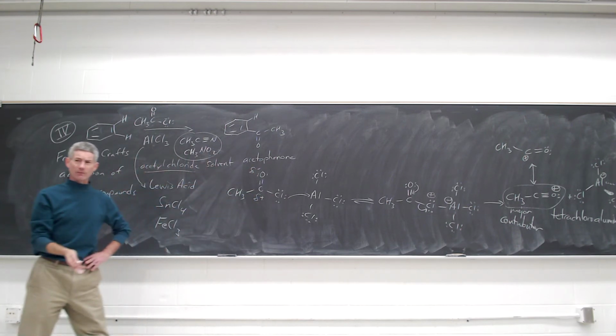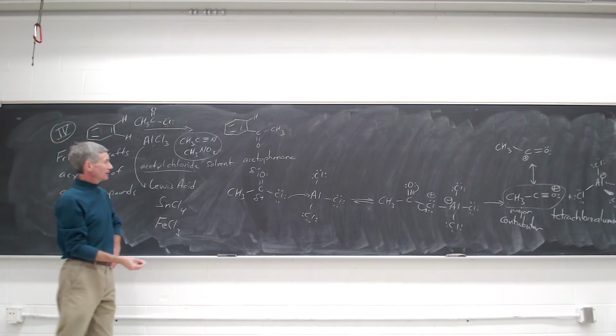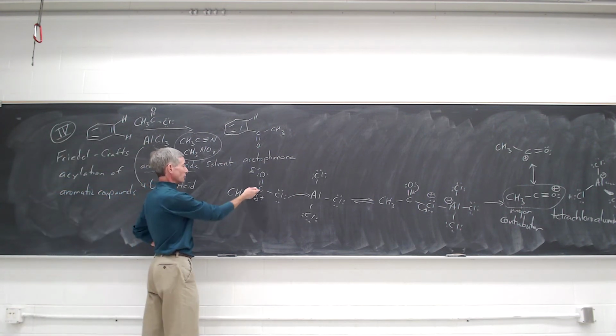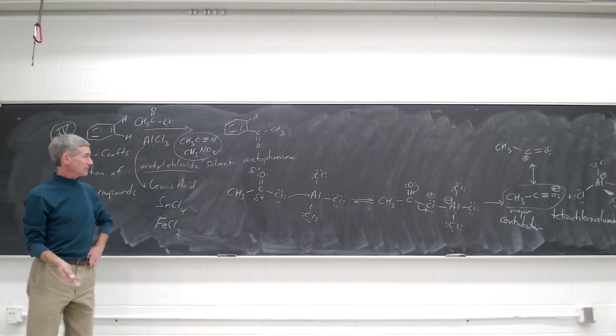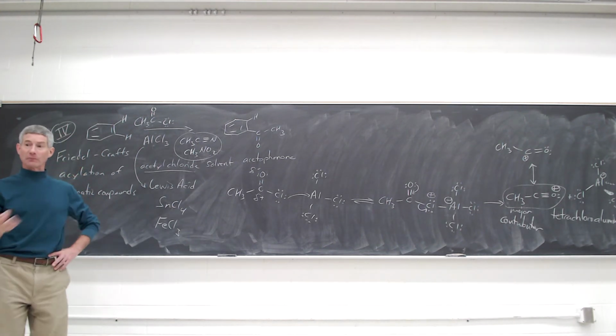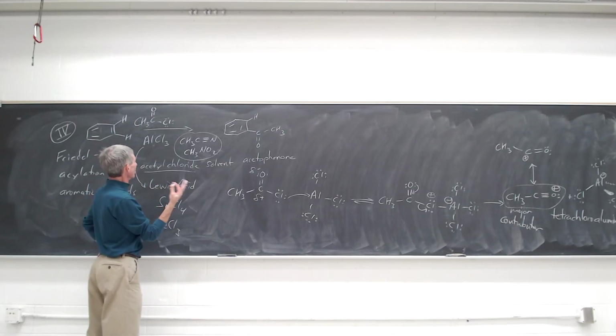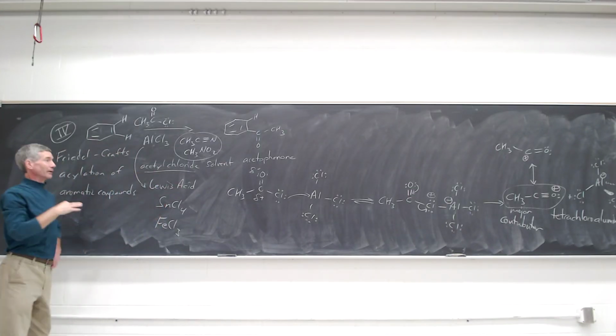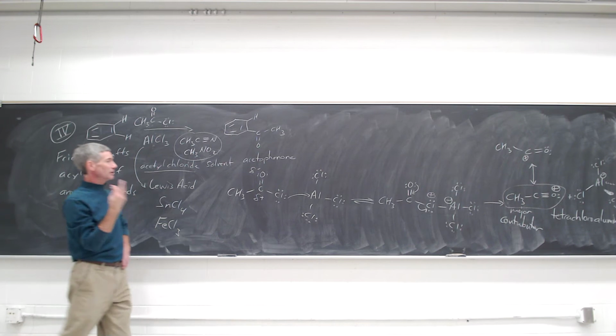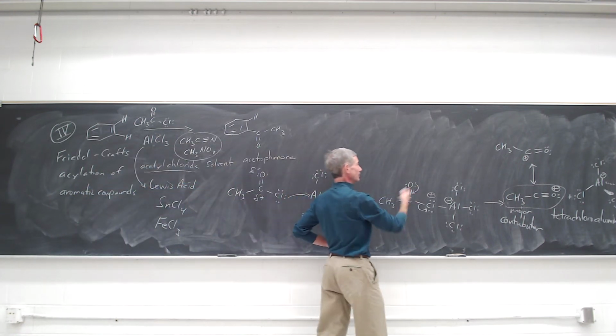But everybody had filled octets, it was relatively happy. So good nucleophiles will attack acetyl chloride. An amine would attack acetyl chloride, for example, to make an amide, and we'll see that later in chapter 19. But if you want a poor nucleophile like the aromatic ring to attack acetyl chloride, you've got to activate it and convert it into the acylium ion.